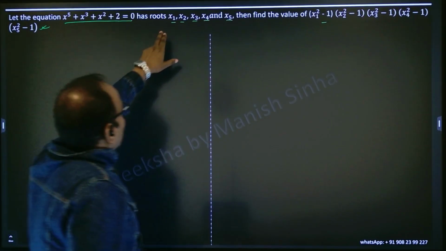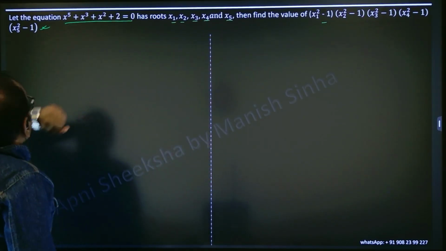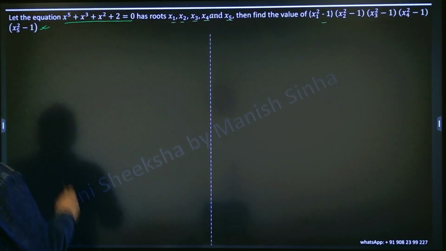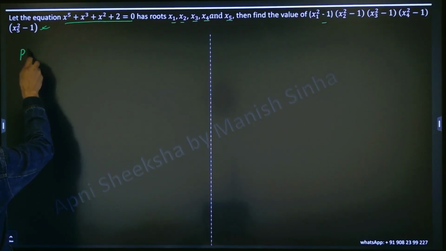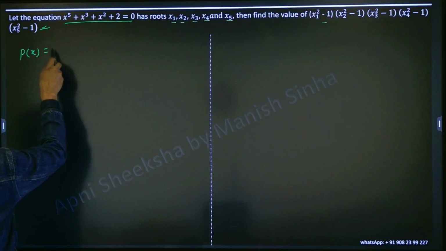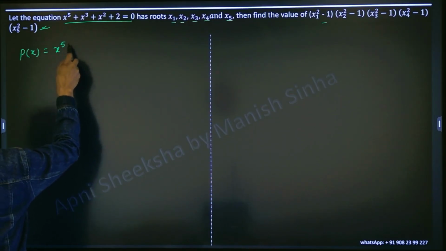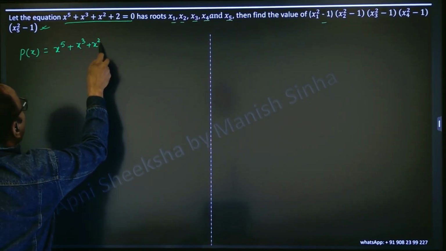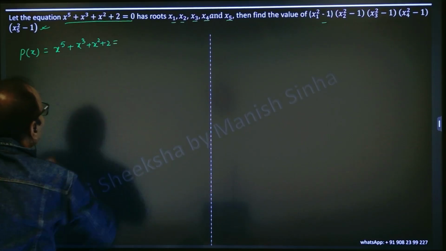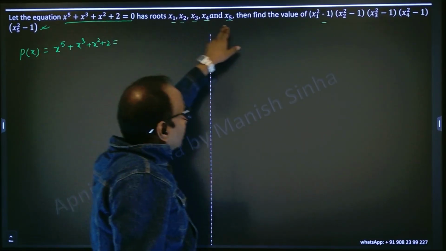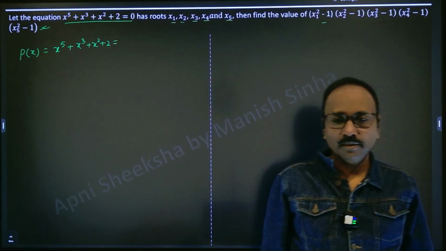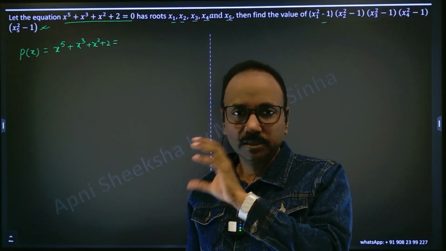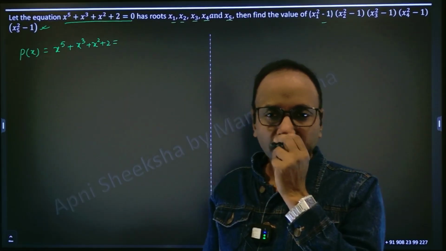Since these are the roots, first take this as a polynomial function. These are the roots of that polynomial function. So the factors will be x minus x1, x minus x2, x minus x3, x minus x4, x minus x5, right?